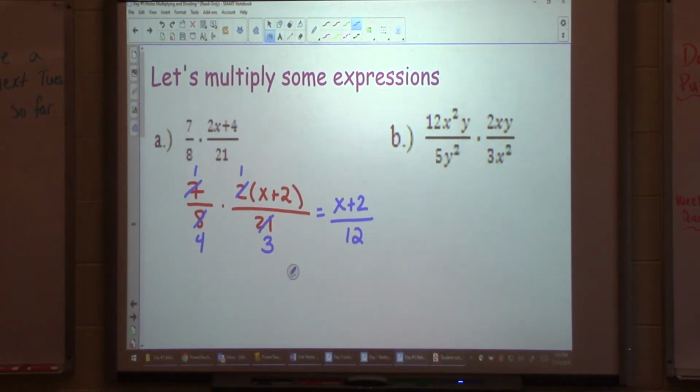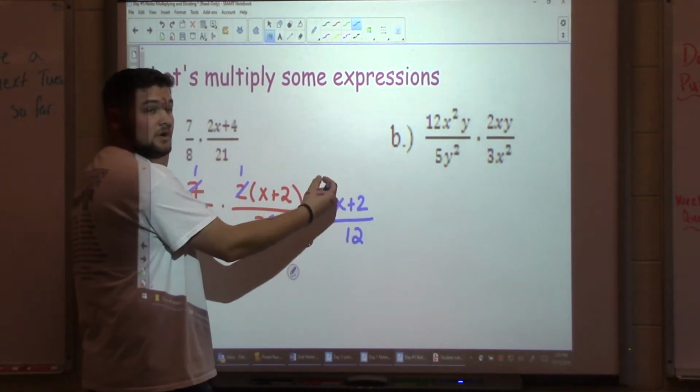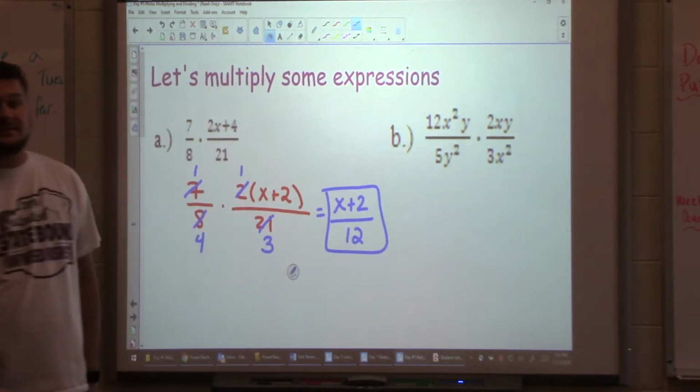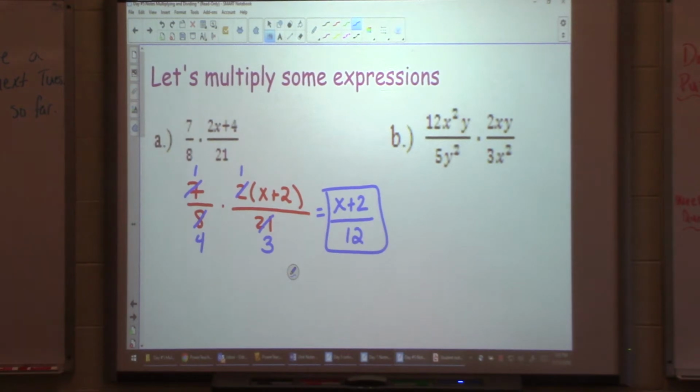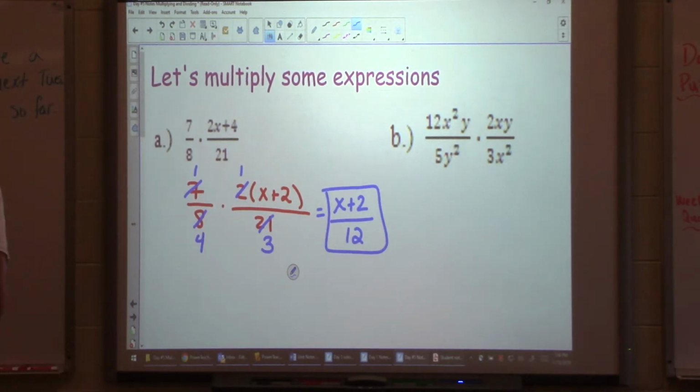Why not? Because it's not multiplication, right? X plus 2 is one whole term, so I can't simplify those. That's my final answer. And notice, it didn't ask me for restrictions. Guys, I'm pretty sure 99.99% of the time, if we're doing multiplication and division of rational expressions, we're not going to ask you for the restrictions. If we're just asking you to simplify one, then we might, but not with multiplication and division.